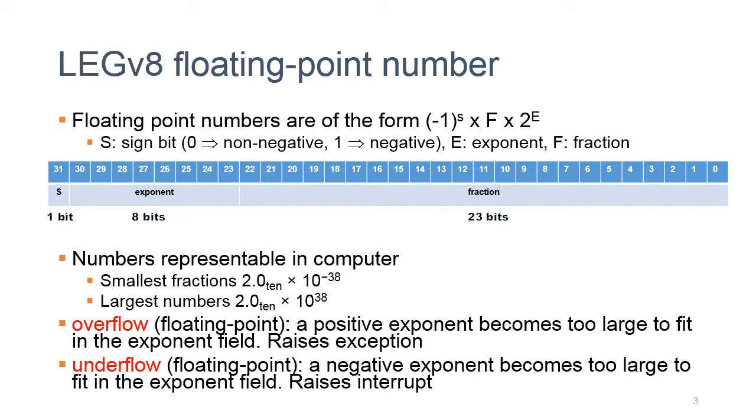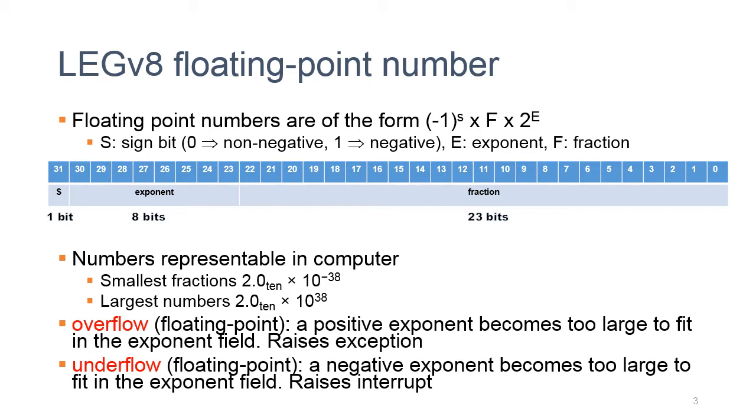In general, floating point numbers are of the form minus 1 to the power s, times F, times 2 to the power E. F involves the value in the fraction field and E involves the value in the exponent field. These chosen sizes of exponent and fraction give LEGv8 computer arithmetic an extraordinary range.